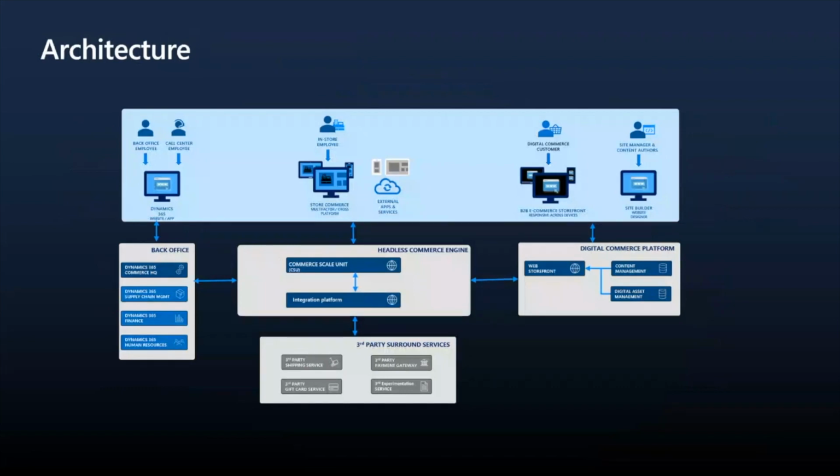The headless commerce engine is also shared among various Dynamics 365 applications, such as Dynamics 365 Commerce, Dynamics 365 Supply Chain Management, and Dynamics 365 Finance, as shown on the left of the diagram. It also provides a set of interconnected business processes that users can immediately benefit from. Therefore, there is a seamless flow of business processes across various functions in the organization.